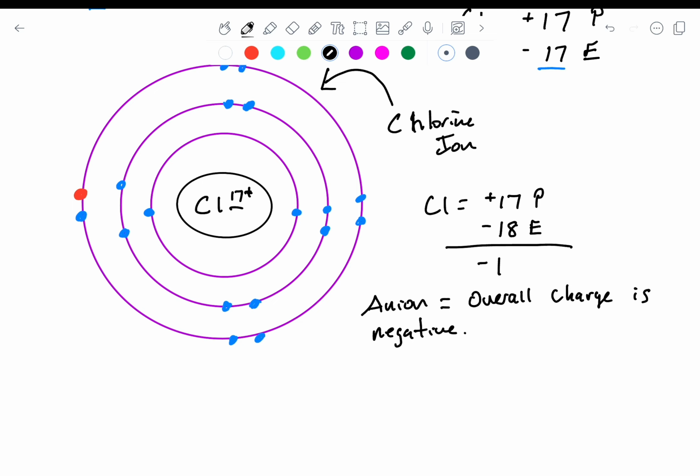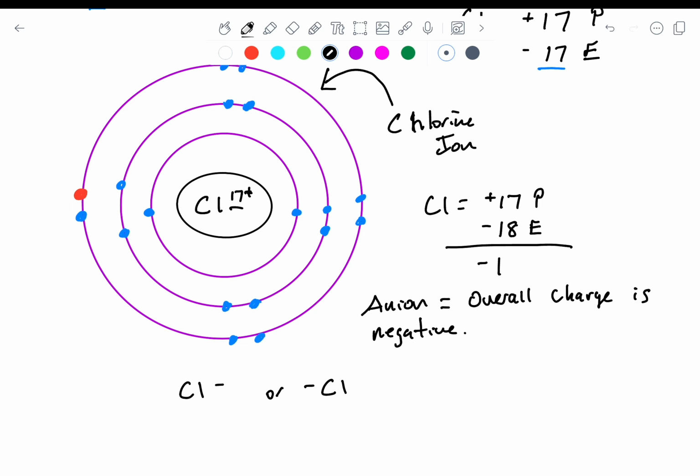If we write chlorine ion, we're going to write it as Cl negative, or either one of those is true. The 1 is implied, and that tells you how many more electrons you have than protons.